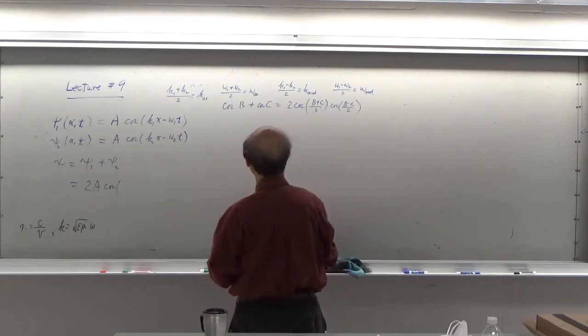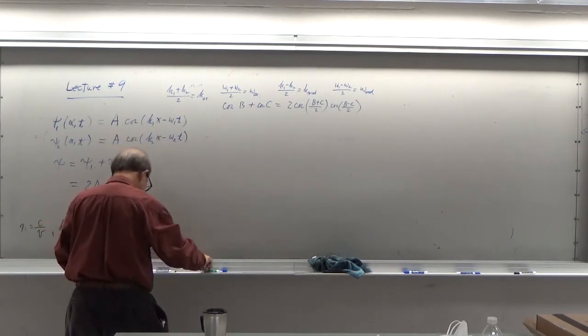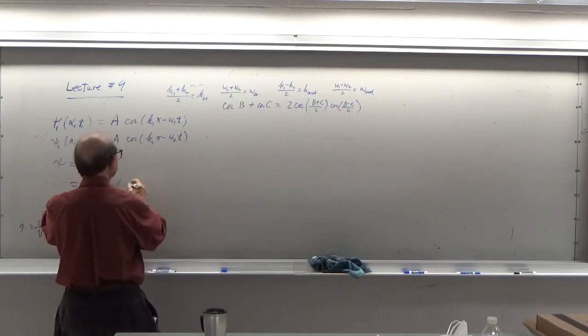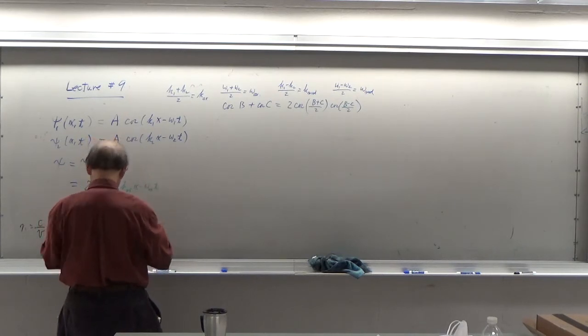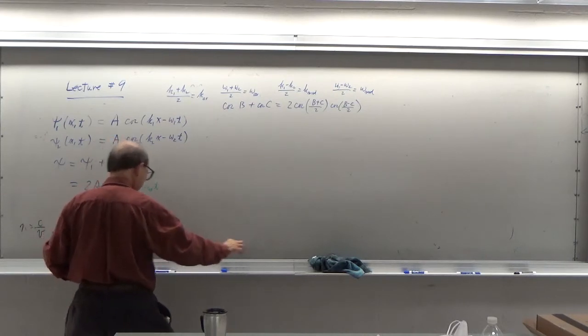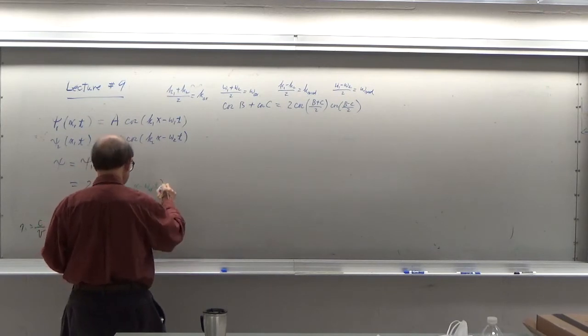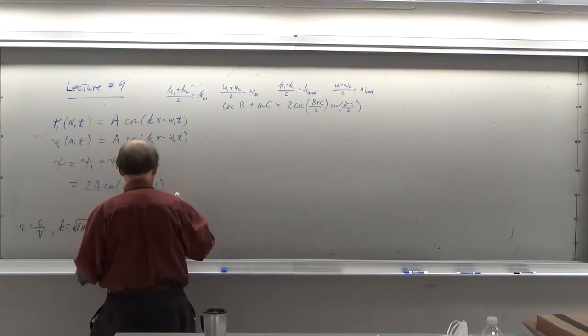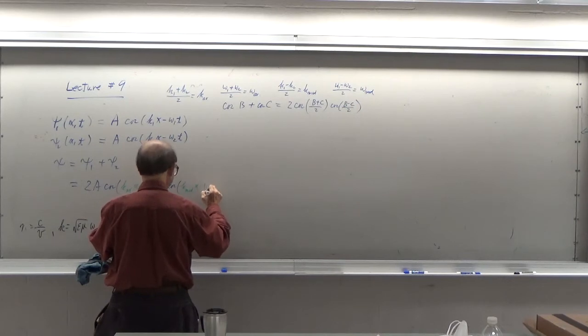So let me write it down first, cosine, let me use a different color, k average x minus omega average t, and multiplied by cosine of k mod x minus omega mod t.